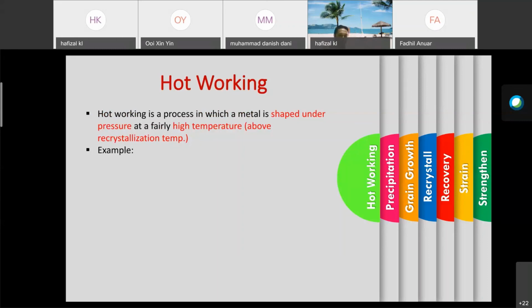An example of this process we can see in carbon steel, where the temperature is greater than 1000 degrees Celsius.